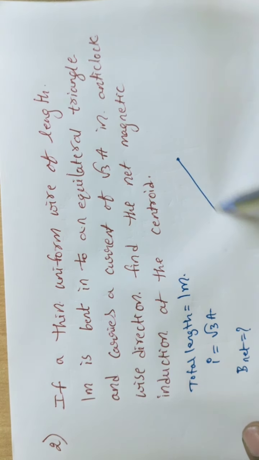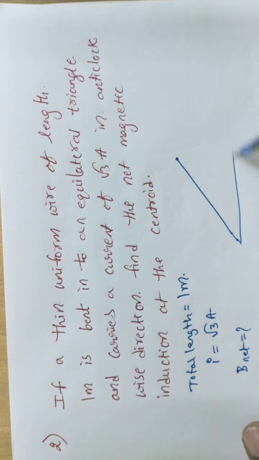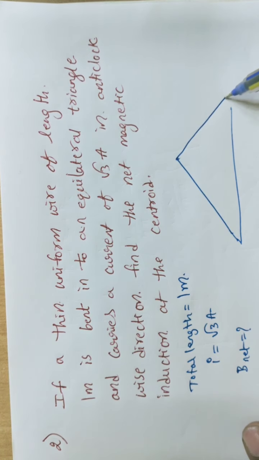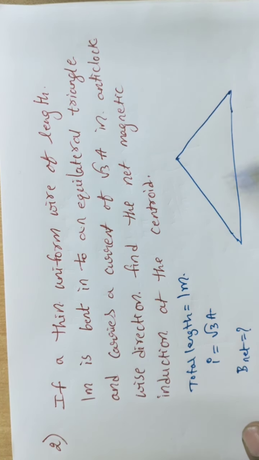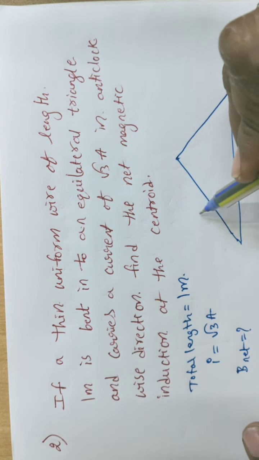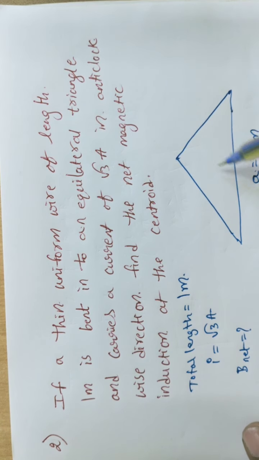See, constructing an equilateral triangle, I am constructing one like this. Totally this is L, and this one is A. This 1 meter will be divided into 3 parts, so A is 1 by 3 meter. Is it clear, students? This is the centroid, you can imagine.